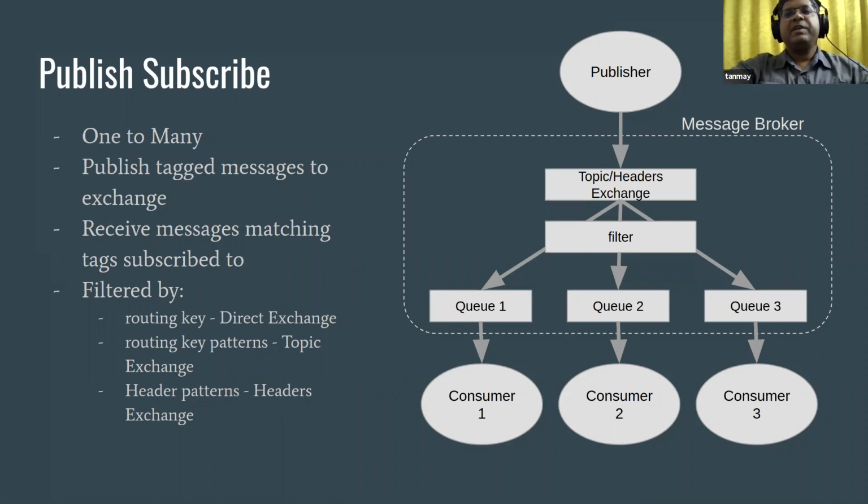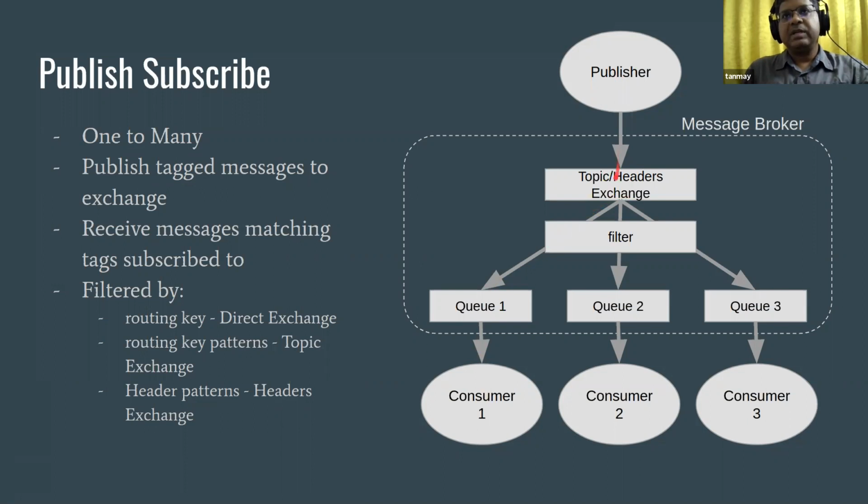The simplest thing that we can do with any messaging system is publish and subscribe. So it is one to many. A publisher will publish messages which are tagged, and the receivers will receive messages based on the tags they have subscribed to.